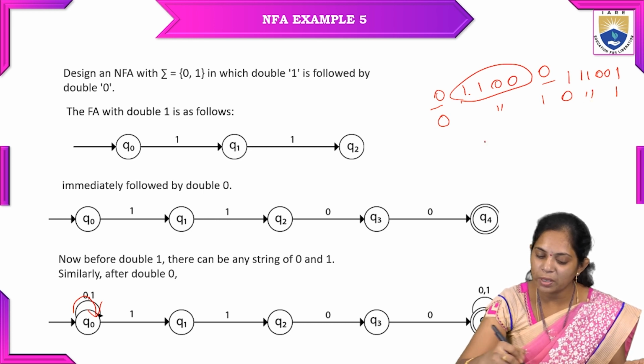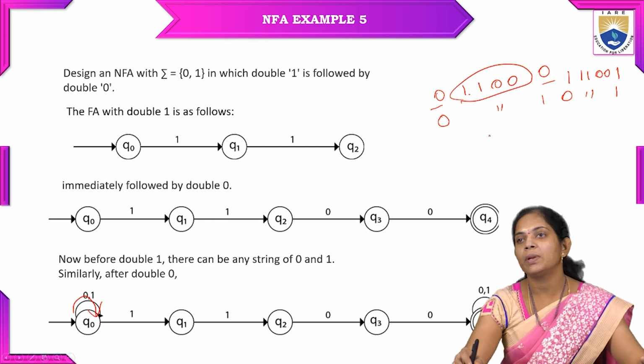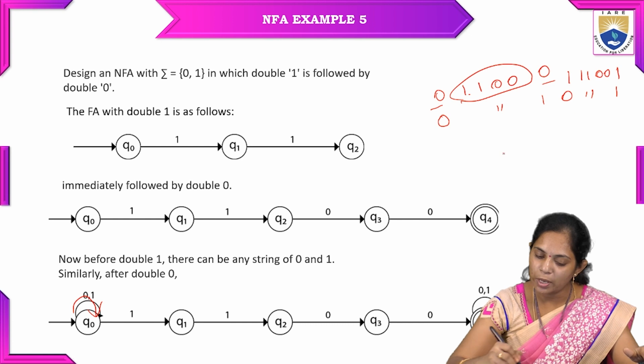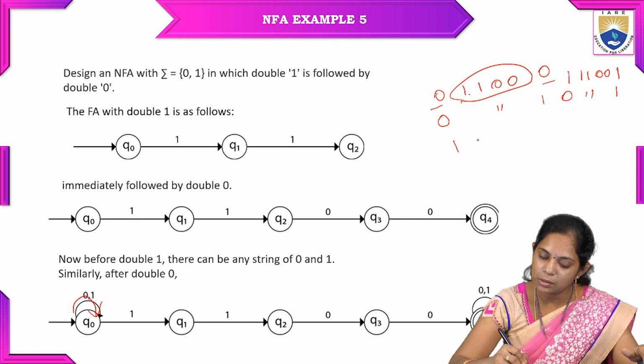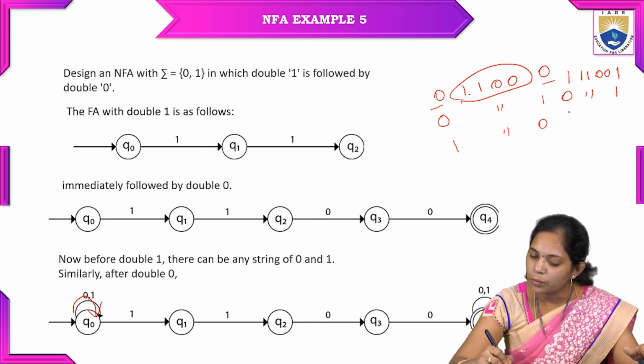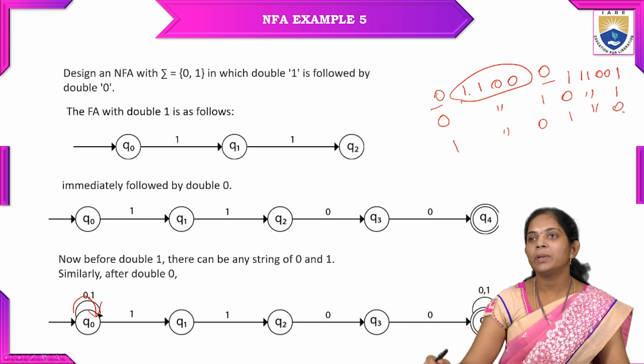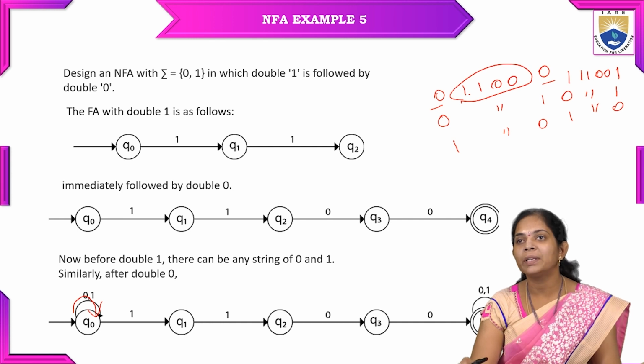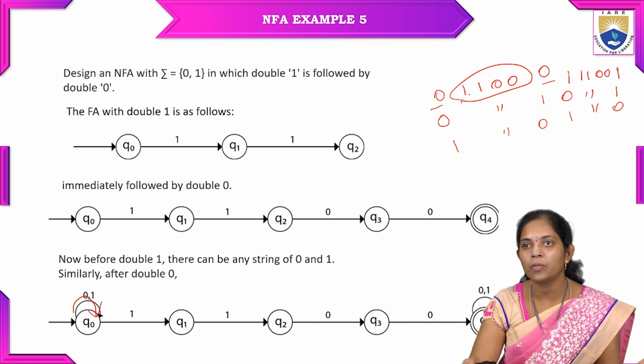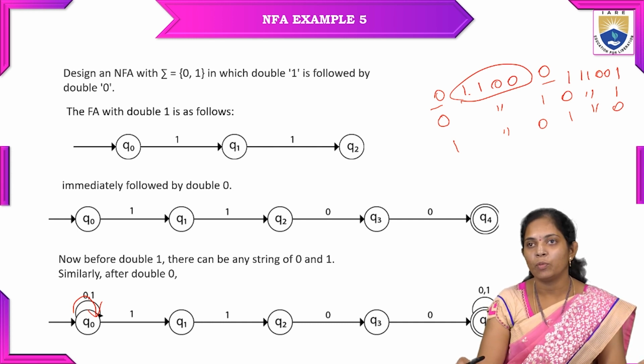These are all the combinations, like 4 combinations. Like this, we can see how many possibilities there are and elaborate the language.